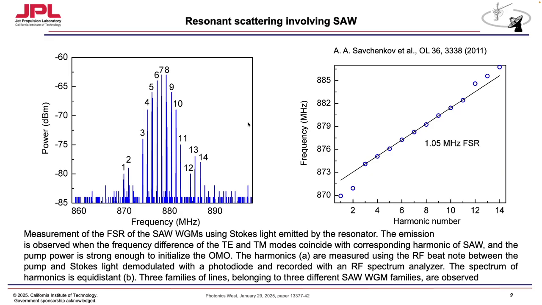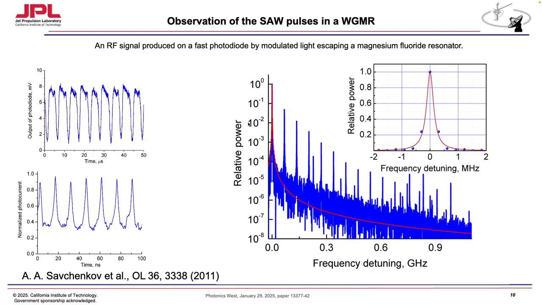Here is shown the spectrum of oscillation we saw. And in this particular plot, we show the dispersive curve, harmonic number versus frequency, measured in the experiment, and it is just confirmation that we observe scattering of light on surface acoustic waves. And it was forward scattering.